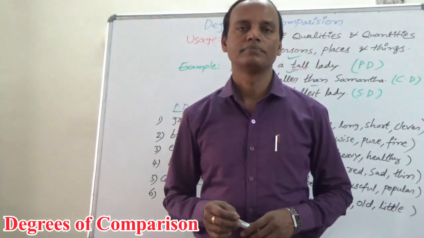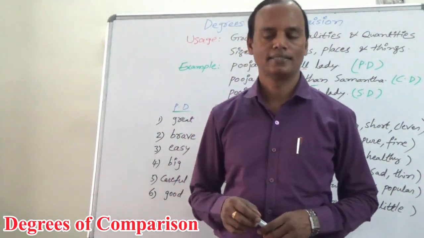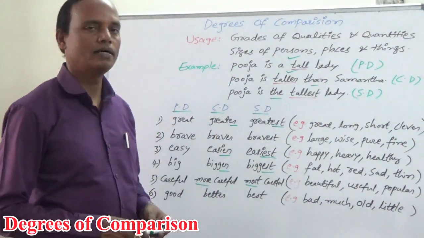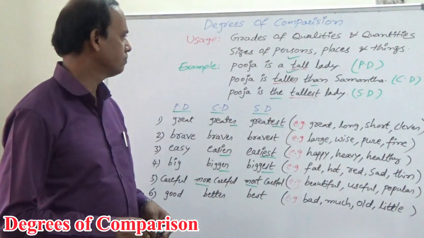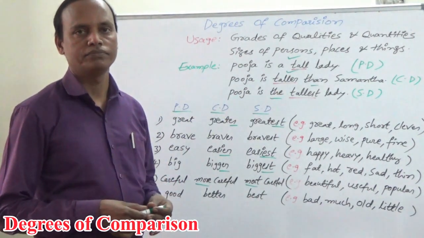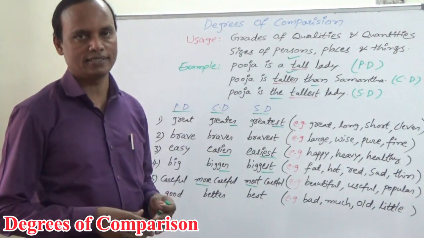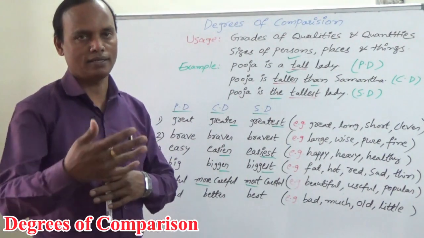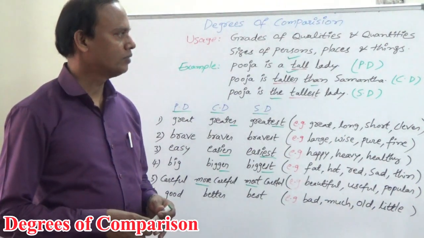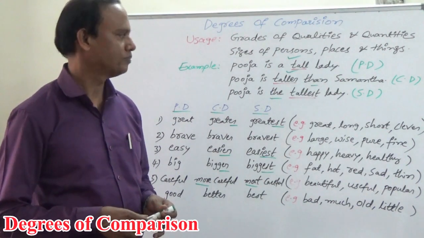First of all, let us learn what is the usage of degrees. The full details are given about degrees of comparison. We use grades of qualities. We talk about qualities, then we use degrees. You will learn later what the degrees are. Also, when you talk about quantities, you use degrees.